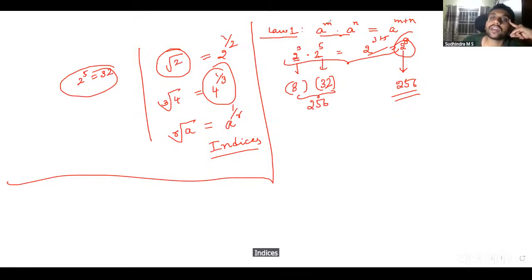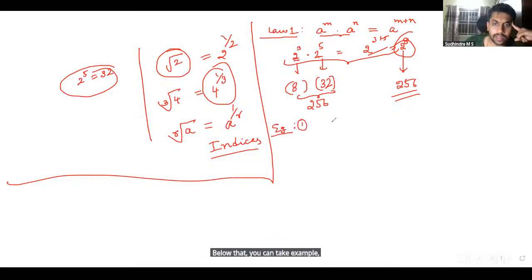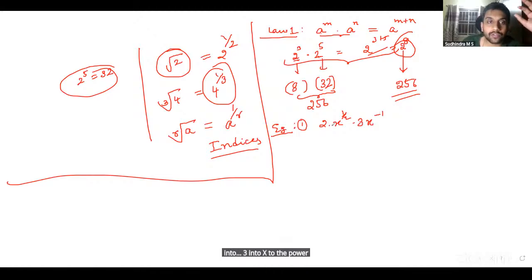In that, law 1: a to the power m into a to the power n is a power m plus n. Below that, you can take example: 2 into x to the power 1 by 2 into 3 into x to the power minus 1. Simplify this if x is equal to 4.